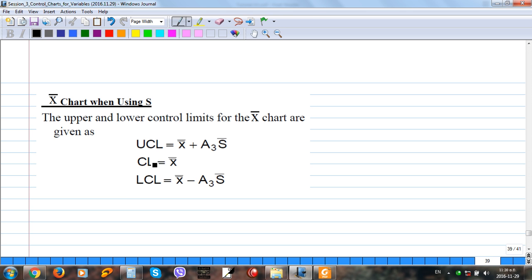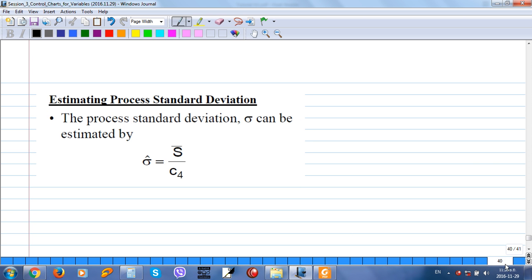Center line equals X double bar. Lower control limit equals X double bar minus A3 times S bar. To estimate the process standard deviation when S bar is known, you find C4 from the table. Then sigma hat equals S bar over C4.